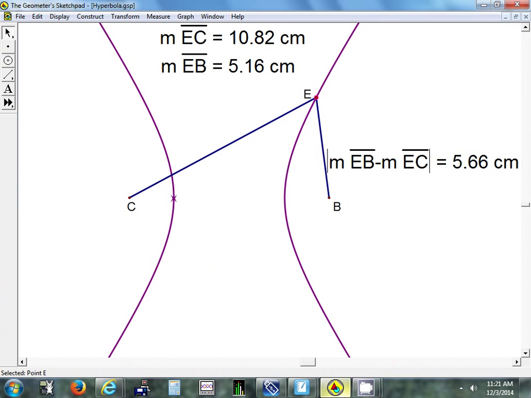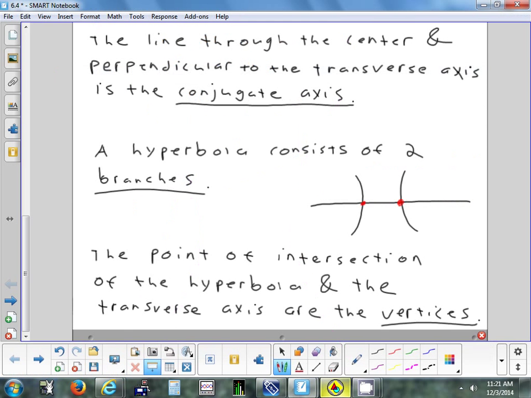In this picture, one of them looks like it has a little kind of X shape on it. That would be a vertex. And the other one, it's not labeled, would be right about there. That would be your other vertex. Okay. Any questions on the branches or vertices?